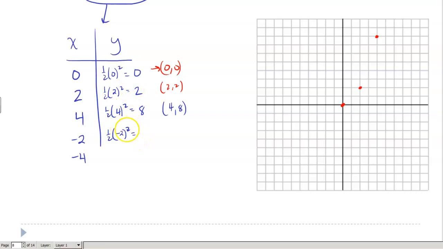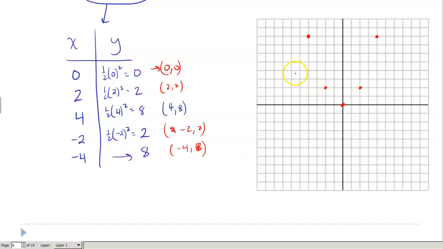Well, we're squaring something, so it's going to make it positive. And if I plug in -4, again, I get the same thing as +4, which is 8. So I have these points right here, (-2, 2) and (-4, 8), and I can plot these right here and this right here.